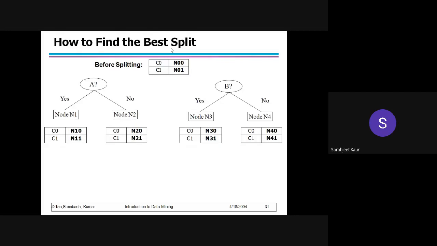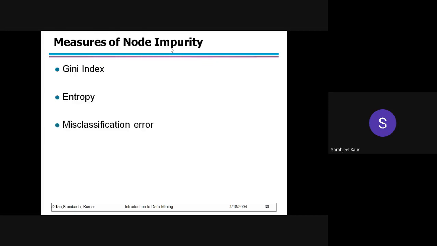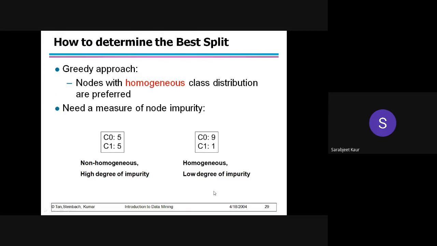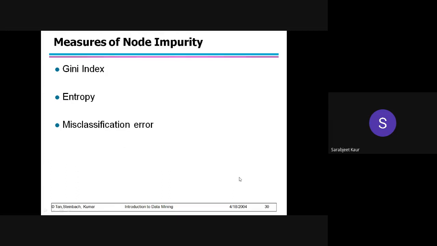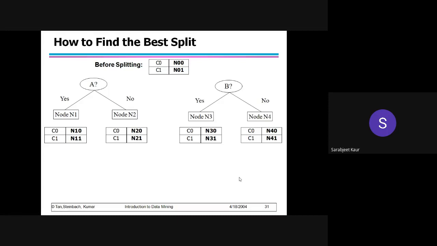So first of all, before I start with the Gini index, let us again try and understand what we mean by employing a measure such as this. That means, how will we gauge the level of homogeneity or impurity, right? For that, please see, suppose this was the parent node that I had, which had two classes, let's say class 0 and class 1.